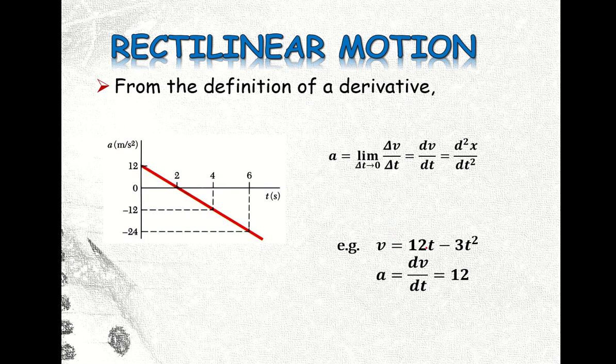This is taken from our x as a function of time, which is equal to 6t squared minus t cubed. When you take the derivative of this, that becomes 12t, right? Then this one becomes 3t squared.